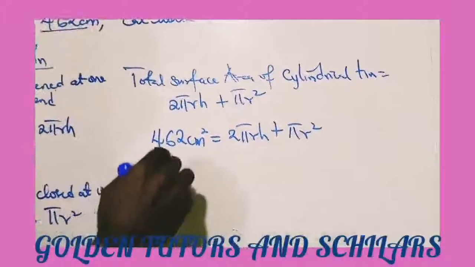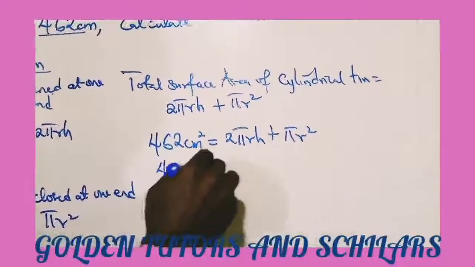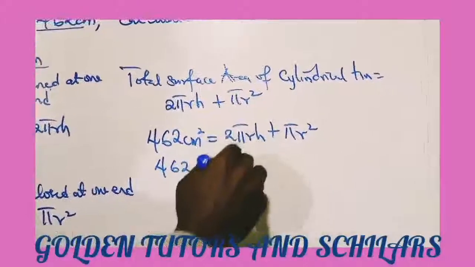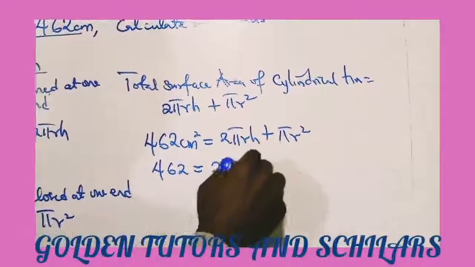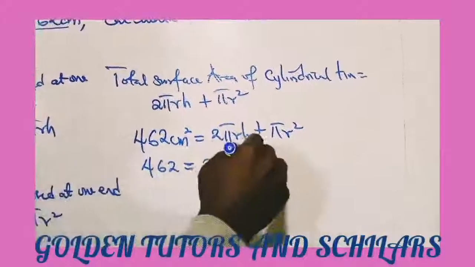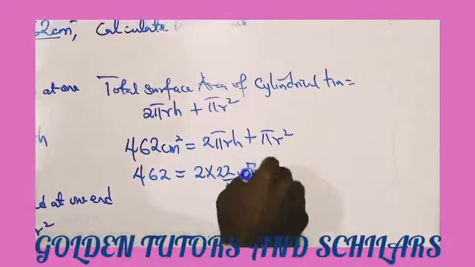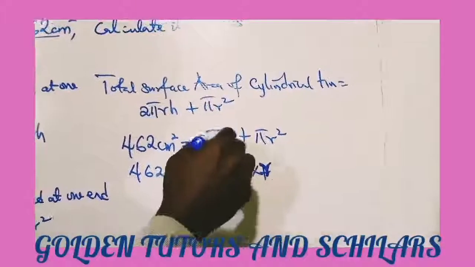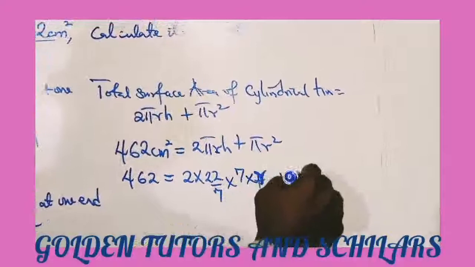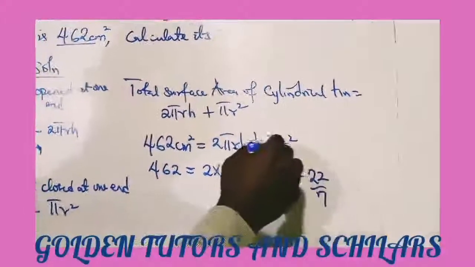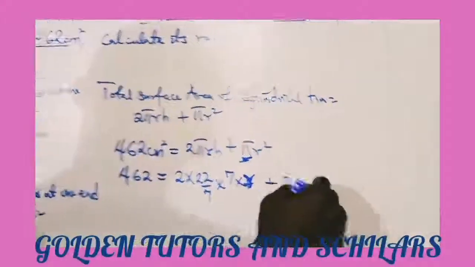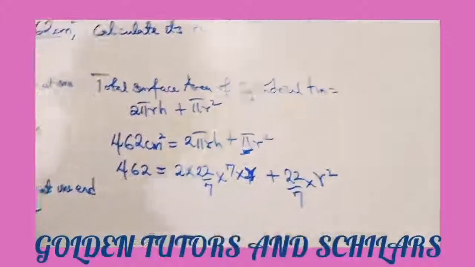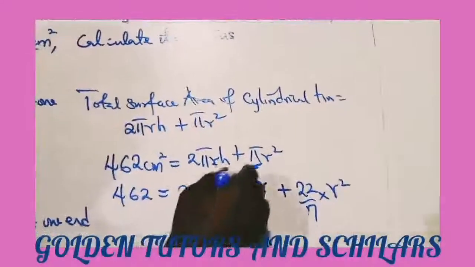Now, 462 here will be equal to 2 times 22 over 7 times the height, which is 7 here, plus 22 over 7, which is the value for pi here, times r squared. The 7 here will take care of this 7 here.